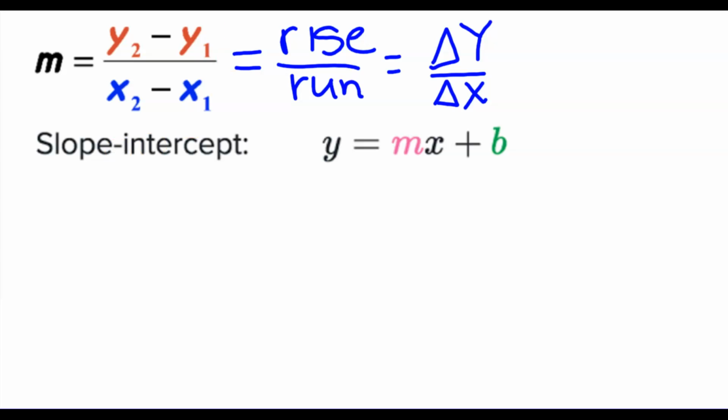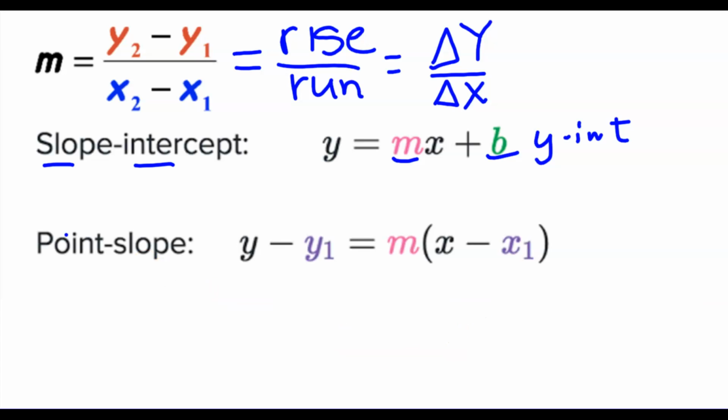The first form that you probably learned was the slope-intercept form, and just as the name implies, slope-intercept, it uses the slope of a line and the y-intercept. And we'll look at that in a second. The second form of a line that you maybe learned was the point-slope form.